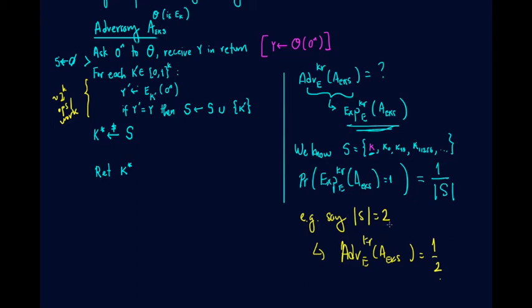But for realistic values of k and n, like when they're each 128, this value is going to be 1. So this value is always going to be quite small.